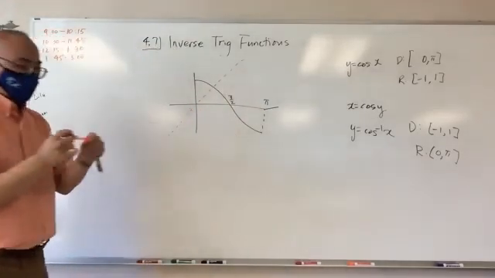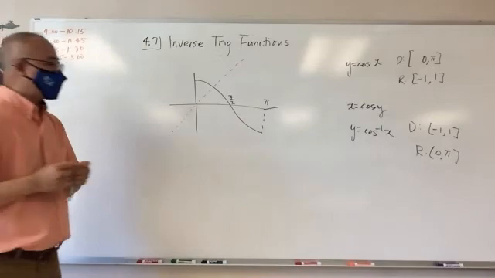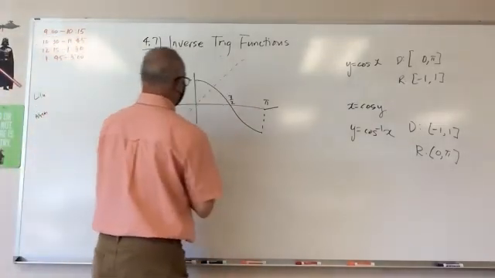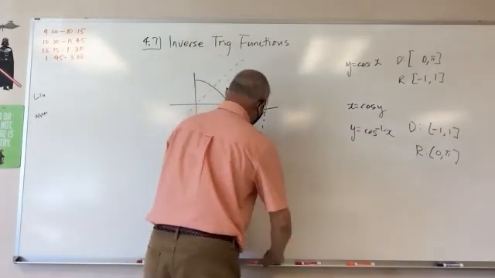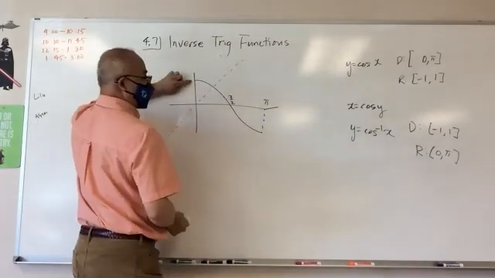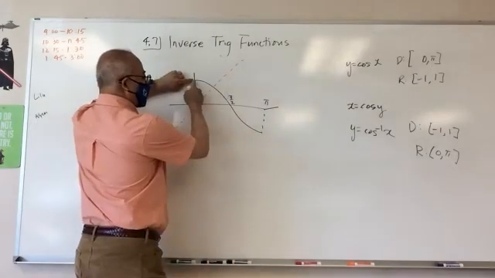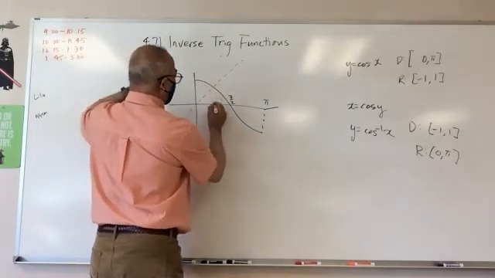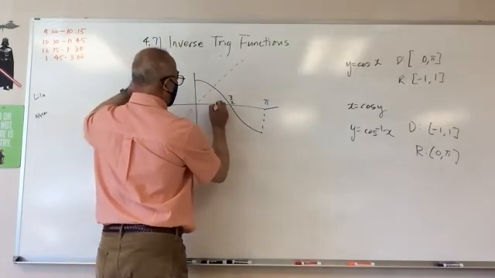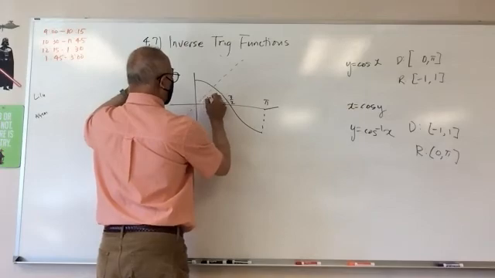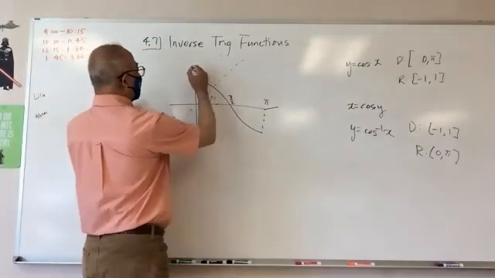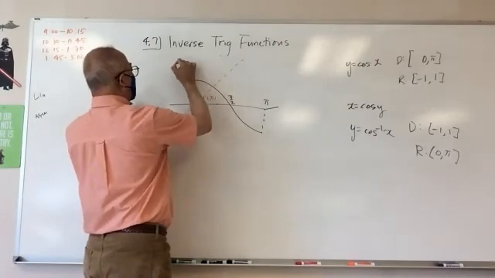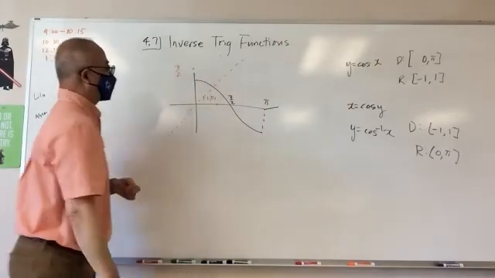And again, we're going to flip this across y is equal to x. So if I flip this point, which is 0 and 1, now it becomes 1 and 0. This guy flips over to up here, pi over 2, correct?